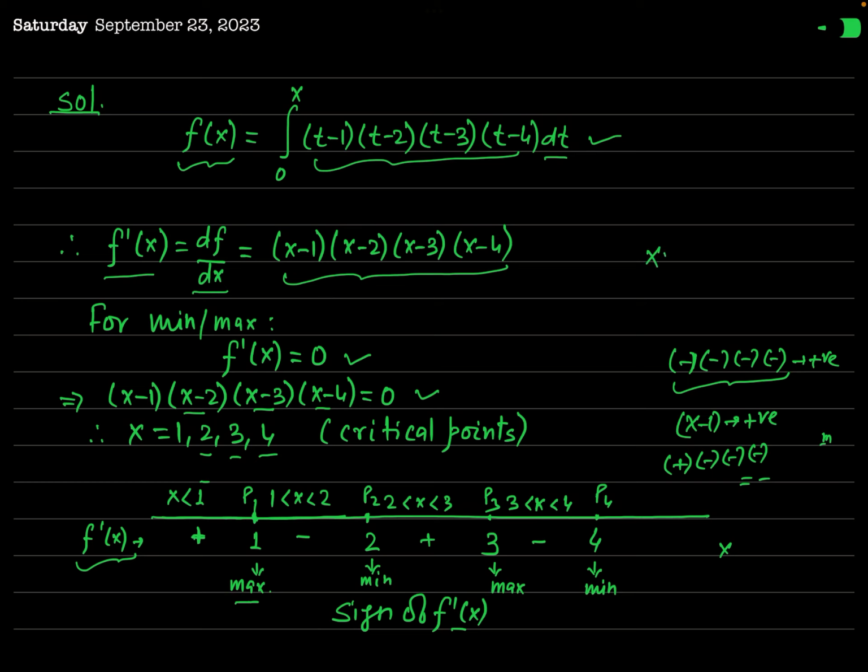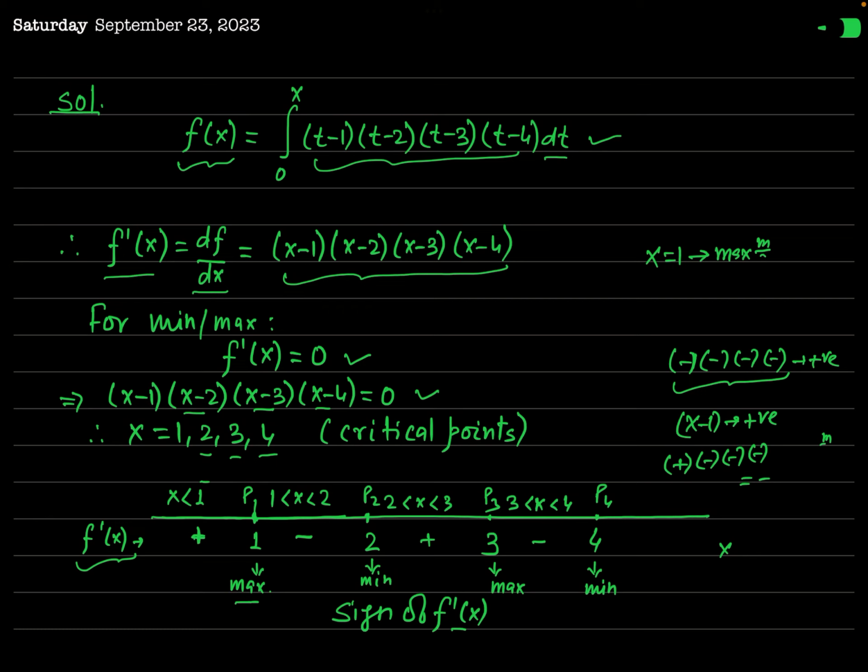So x equal to 1 corresponds to a local maxima. This will be a local maxima. I think we have understood. Now, in the region where x lies between 1 and 2, f dash of x is negative, as you have already obtained.